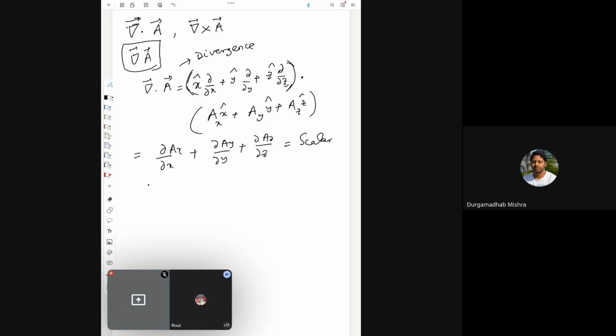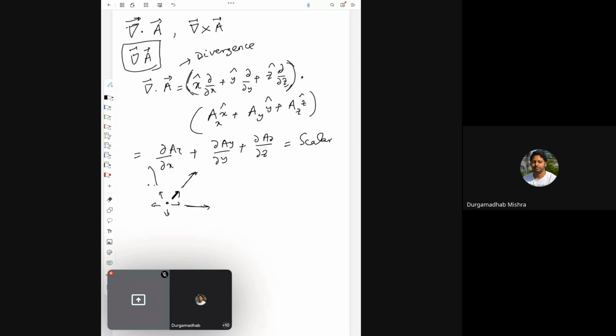Mathematically, if I do this operation on a vector and I get some finite value, I know that the vector spreads out in space. For example, if I have a vector, something like this, you know how vectors are represented. Here the length represents the magnitude and the arrow represents the direction of the vector.